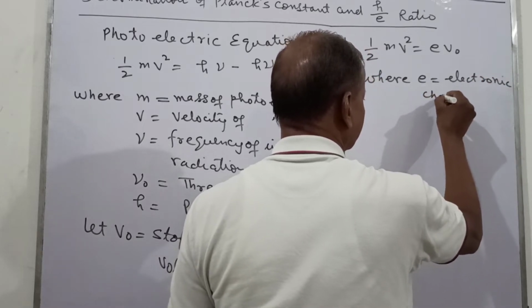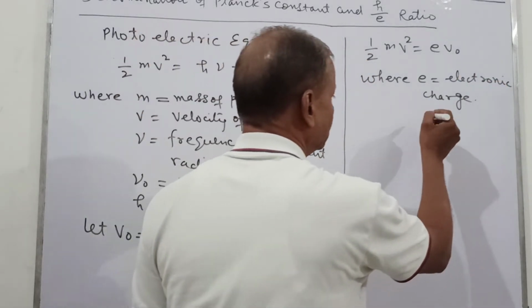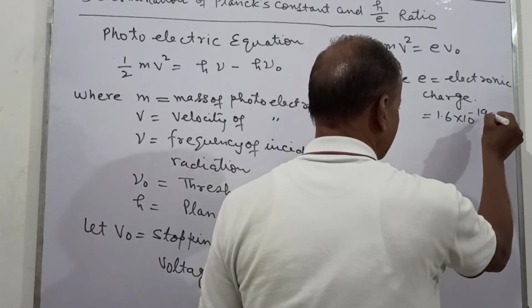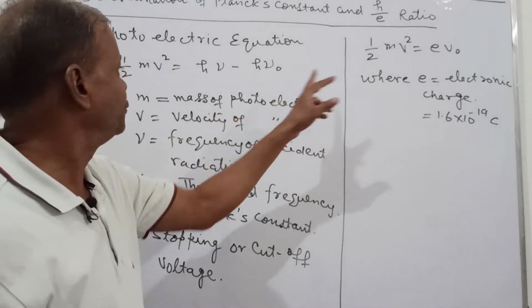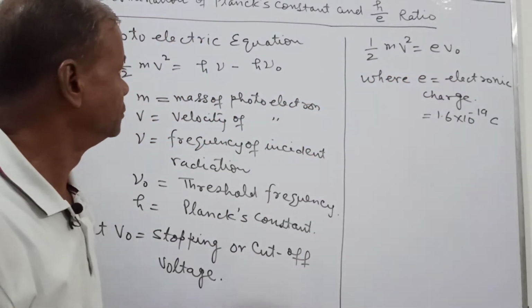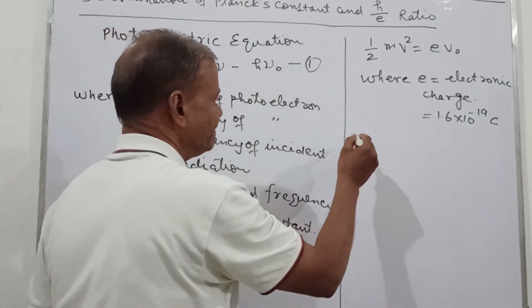The value of this e is known to us, that is 1.6 times 10 raised to the power minus 19 coulomb. So now we put this half mv square equal to eV naught. This we take as number 1.